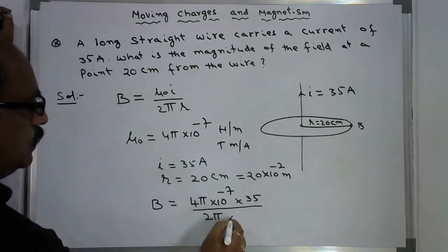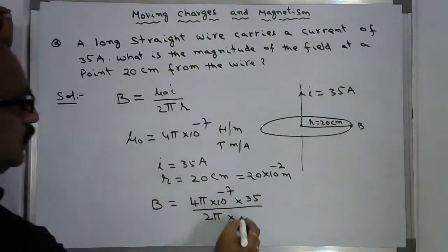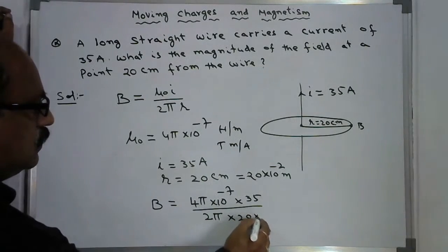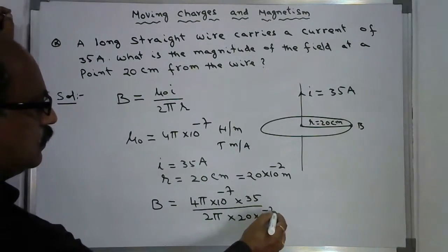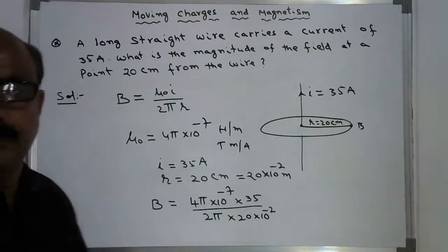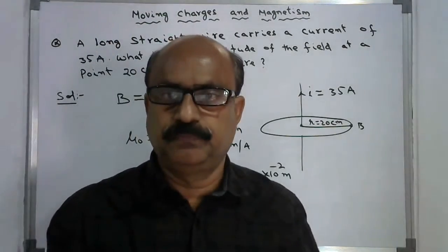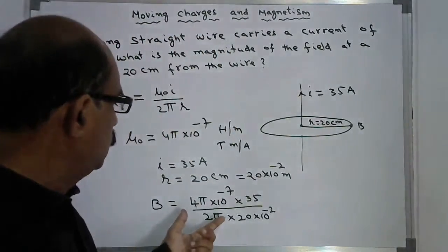What is r? 20 into 10 power of minus 2. This is the value we have to observe.